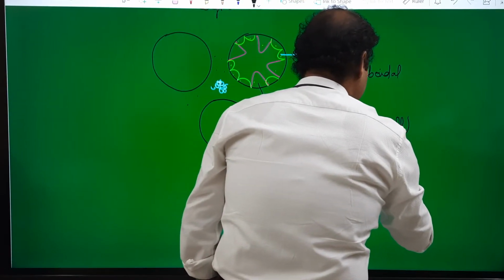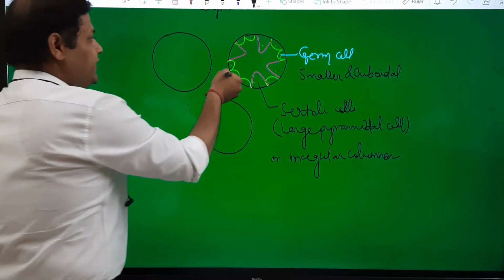Outside of the seminiferous tubule the space is called the interstitium.